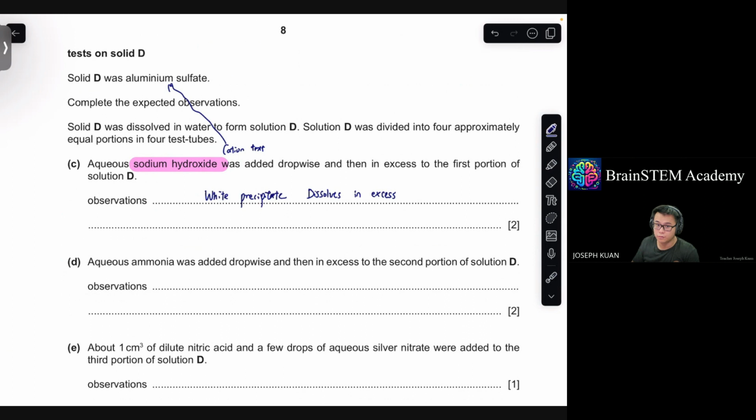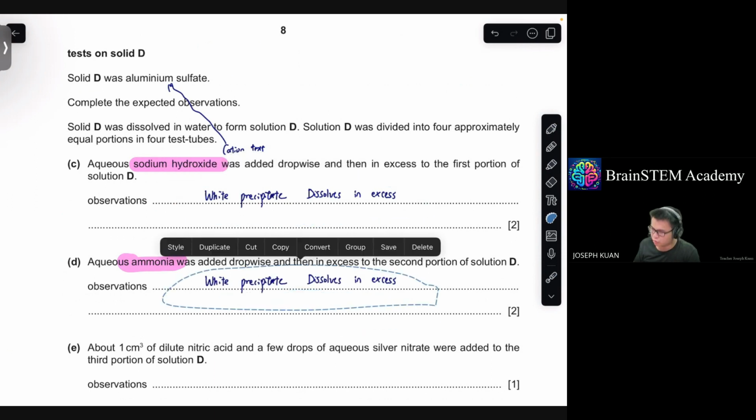Moving on to D, aqueous ammonia was added dropwise and then in excess to the second portion of solution D. What's the observation here? This is another kind of cation test. There are 2 ways: either you use sodium hydroxide or you use ammonia. In the case of ammonia, it is still a white precipitate that is formed, because aluminium is not a transition element.